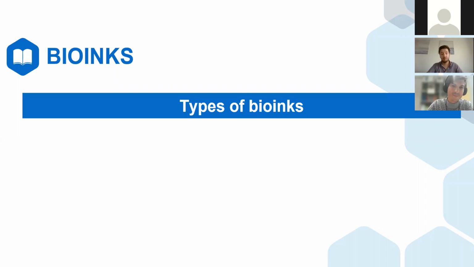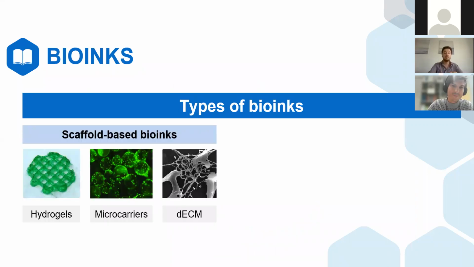But the bioinks are not all the same. There are different kinds of bioinks, and most of the times we divide them into scaffold-based or scaffold-free bioinks. When we talk about scaffold-based bioinks, we base this on the idea of the cells being on a surface or in a matrix. Where we have hydrogels, as we already talked about.